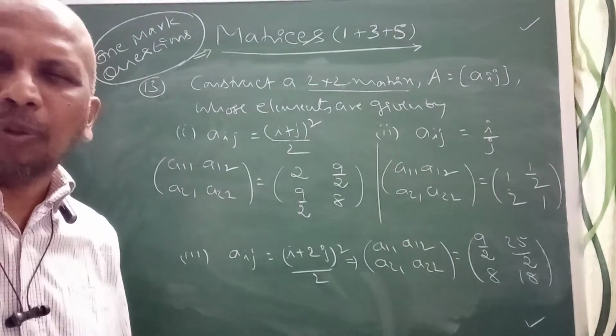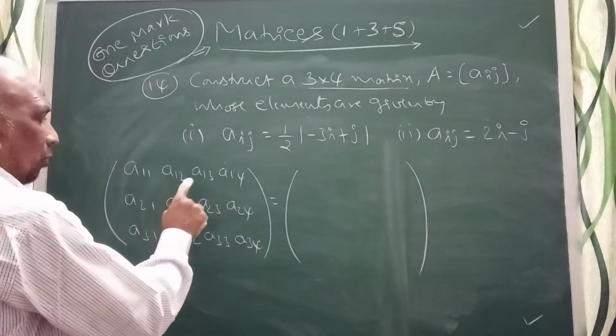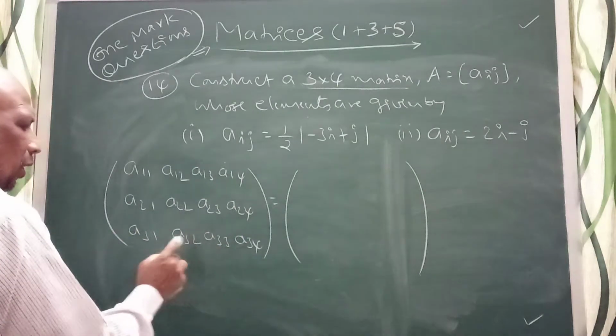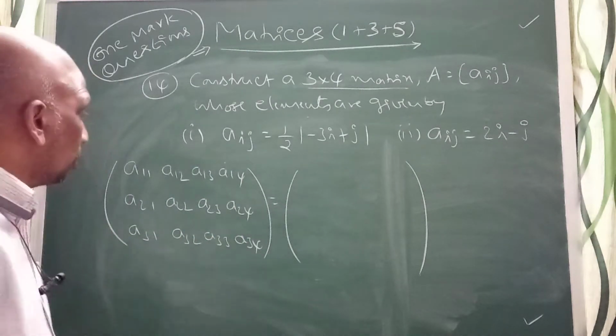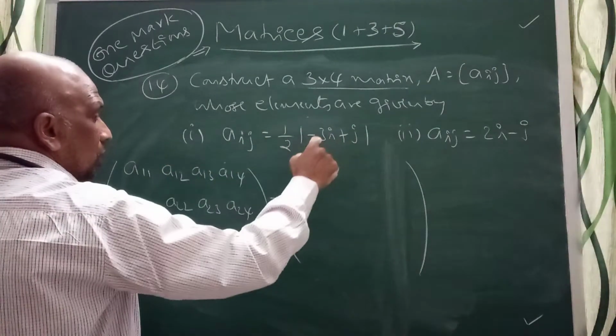I will do the next problem. See, in this they are asking a 3 by 4 matrix. A11, A12, A13, A14, A21, A22, A23, A24, A31, A32, A33, A34. Substitute the suffix here. Mod is there, modulus is there.